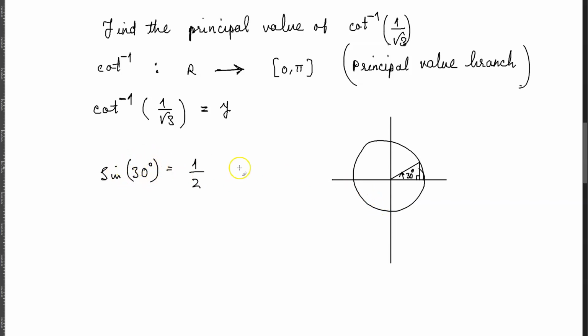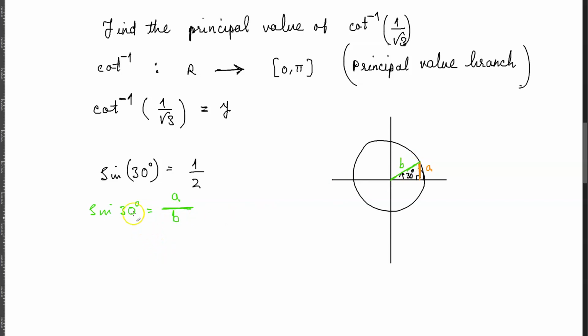Now for the sine of 30 degrees, if I take this length as A, and this length as B, by the definition of the sine function, sine is opposite by hypotenuse, which means the sine of 30 degrees is the length of the opposite side, which is A, divided by the hypotenuse, which is B, right?